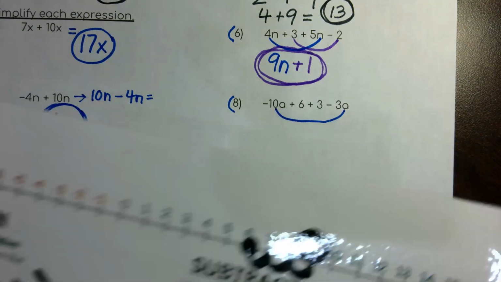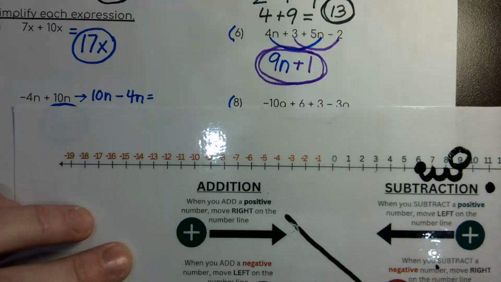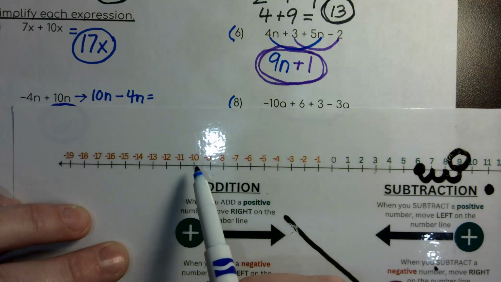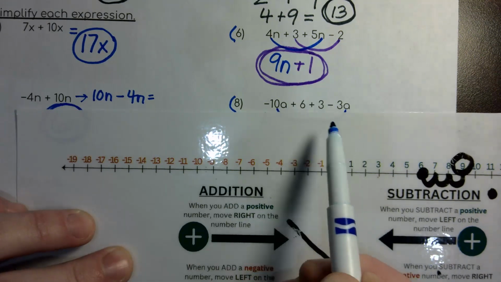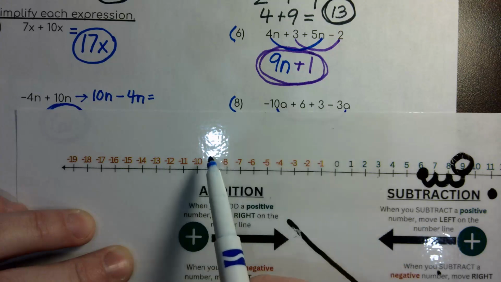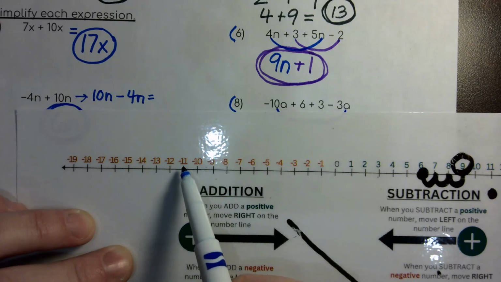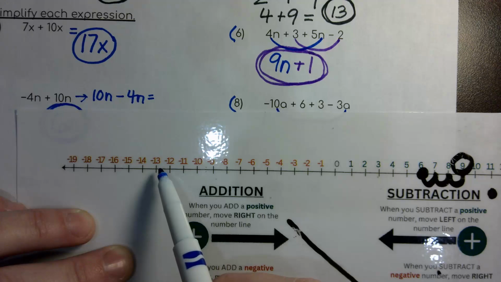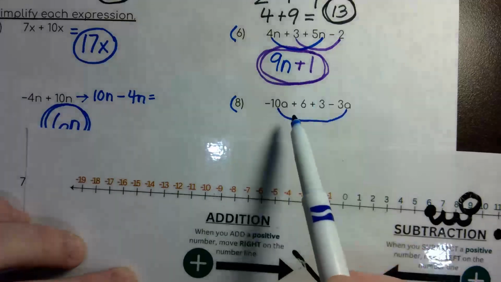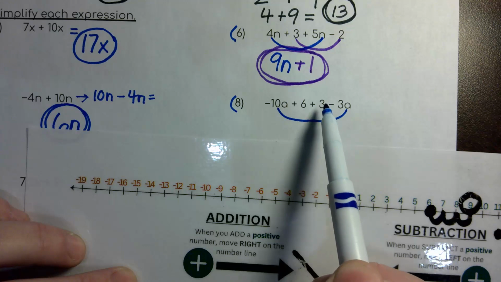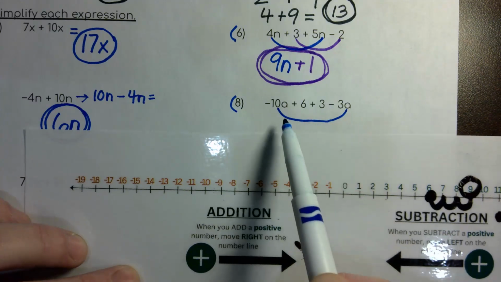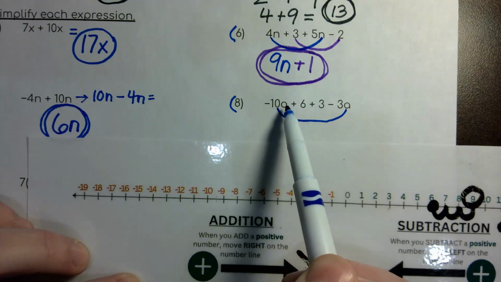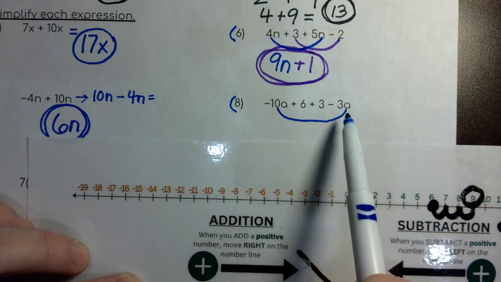So if I start at negative 10 and I subtract 3, see how we have a minus 3 here? I'm going to go back 1, 2, 3 and land at negative 13, guys. Why are we subtracting? Because we have a minus sign here, minus 3a. So we're going to take negative 10a minus 3a.